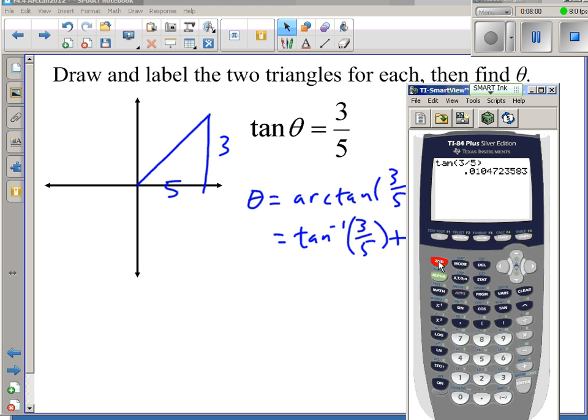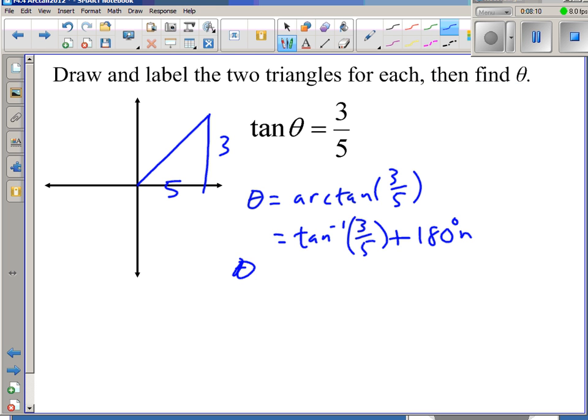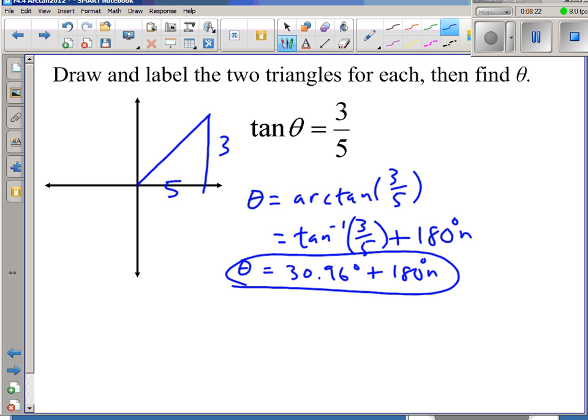Let's try second tan of 3 divided by 5. That looks better. 30.96 we're going to say. So theta, in general, is going to equal 30.96 degrees plus 180n. The great answer, and it gives all solutions.